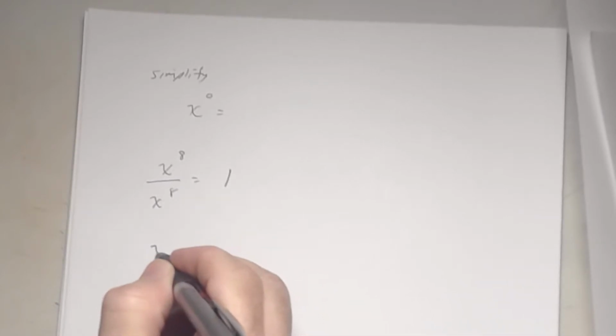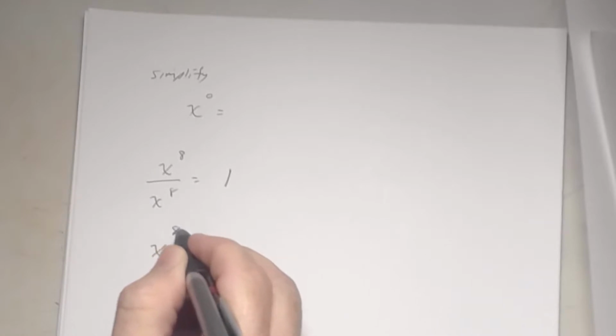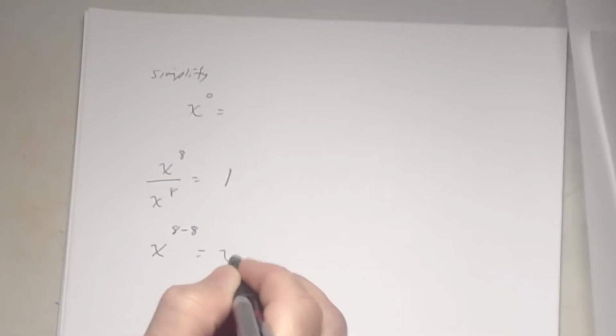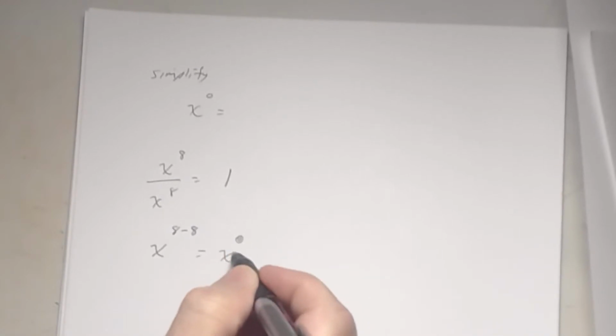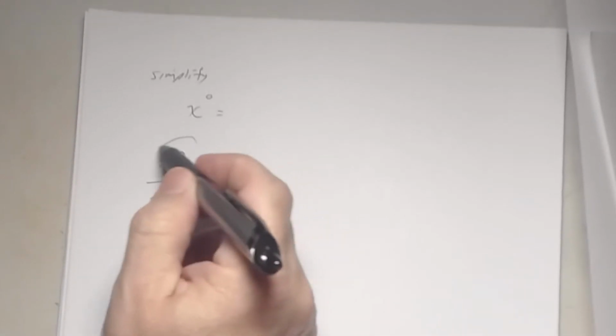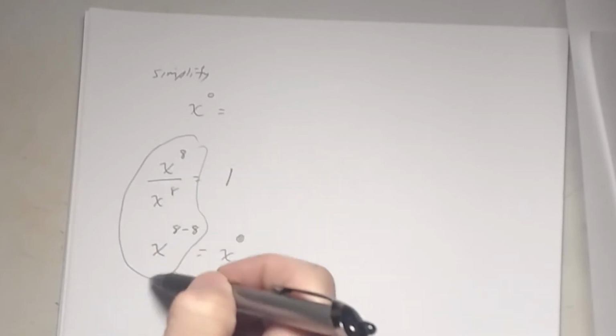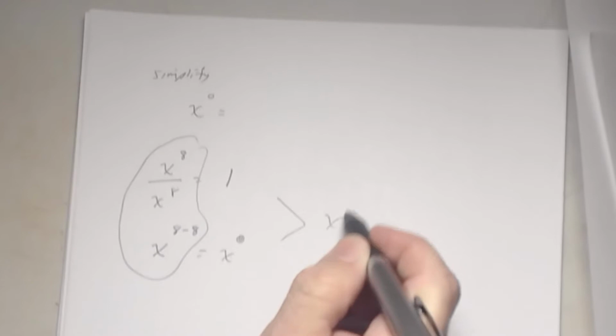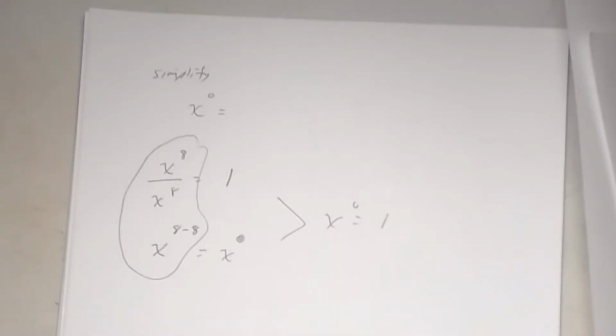Yeah. According to the quotient rule, that's x to the 8th subtract 8. But what's 8 subtract 8? 0. So x to the 0, if this side is the same, and we agree those are the same because of the quotient rule, then x to the 0 has to equal what? 1. X to the 0 has to equal 1.